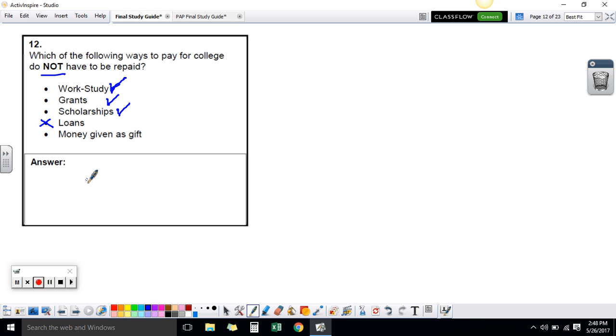That's going to be out of there. And then finally, money as a gift is what it says. It's a gift. Somebody gives you money and says, here, spend this money on your college education, and you do not have to repay that. So in number 12, work study, grants, scholarships, and money given as a gift are all things that do not have to be repaid.